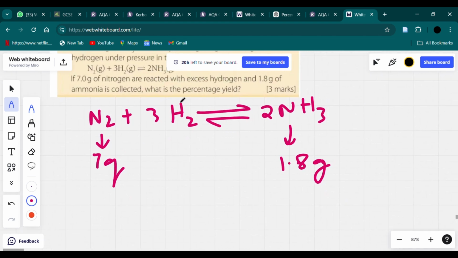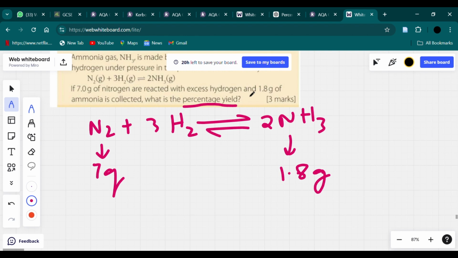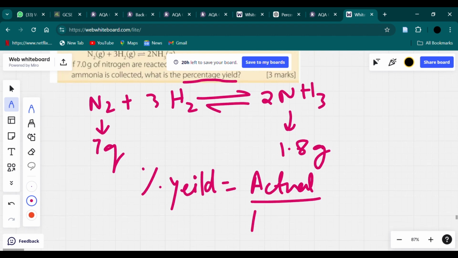Here we have to find out the percentage yield. As we know, in order to find the percentage yield, we must know 2 things: actual yield and theoretical yield. What is the actual yield?